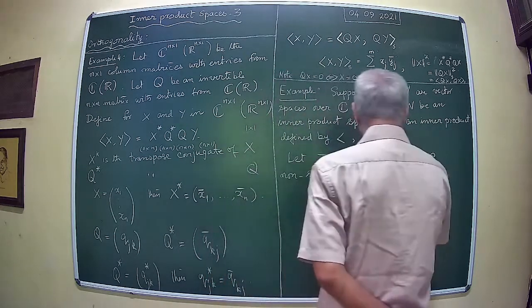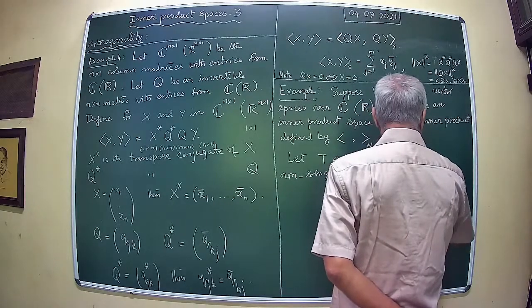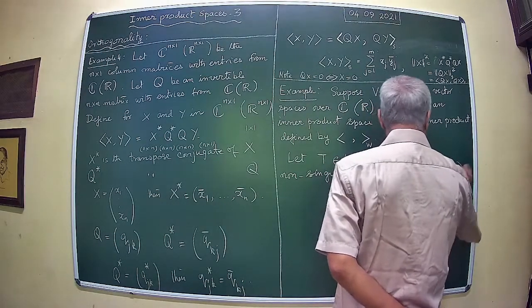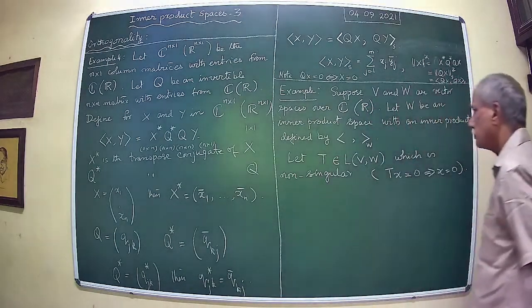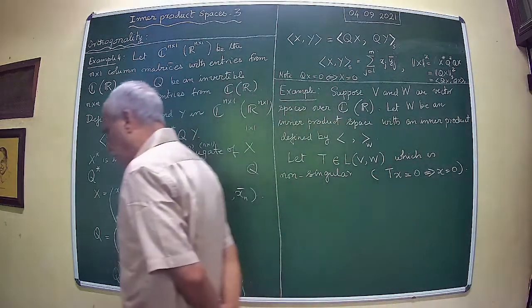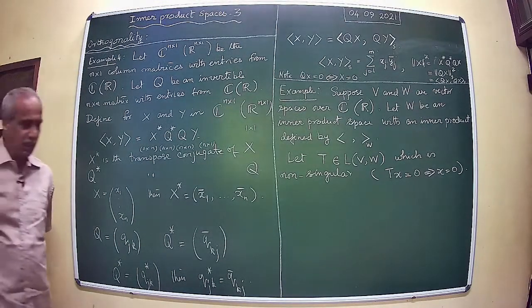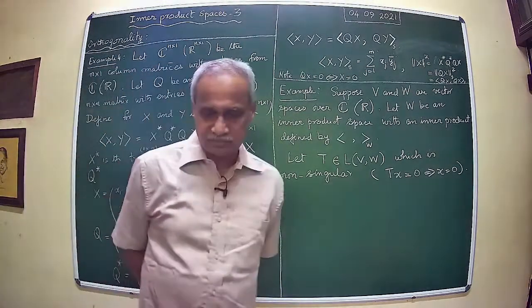That is, Tx equal to 0 implies x equal to 0. That means the kernel of the map T consists of only the 0 vector.